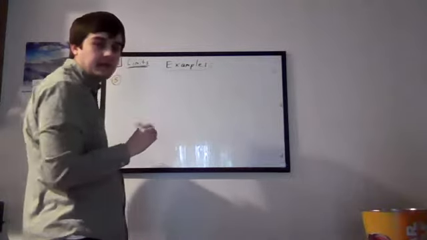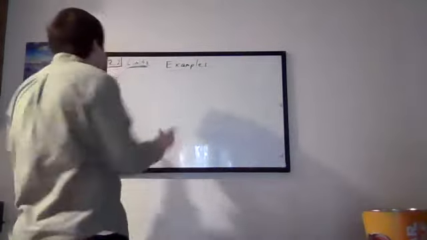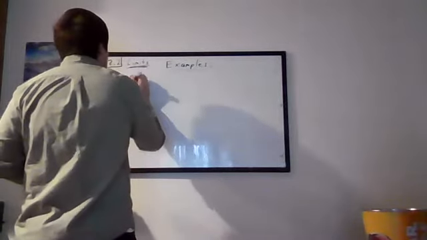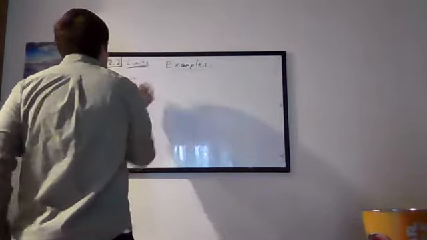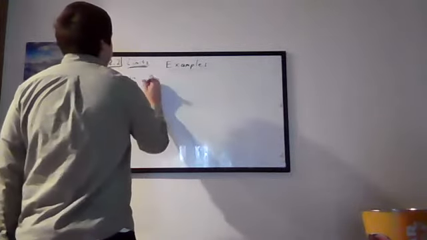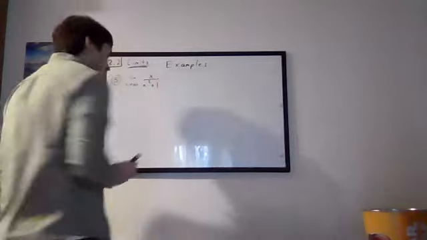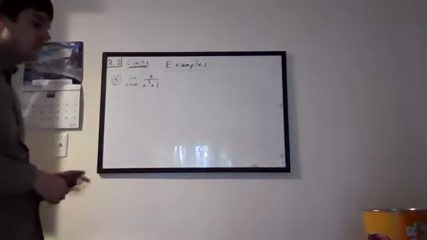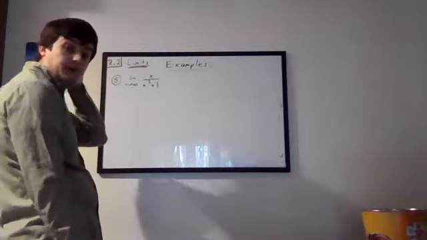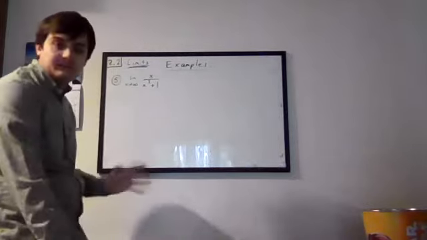What happens if they have a different degree? More specifically, what happens if the degree of the top is less than the degree of the bottom? We're still approaching infinity. Well, in this case, you can still apply the same exact approach.